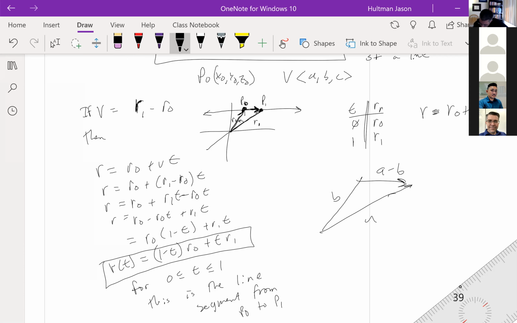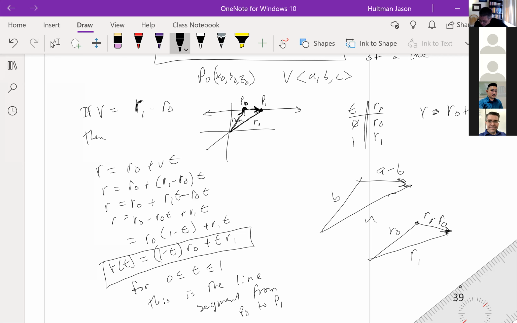So if this guy here is r1 and this is r naught, after t is equal to 1, I start at r naught and I go to r1. After 1 unit, what's the distance here for v? The distance there for v is r1 minus r naught.